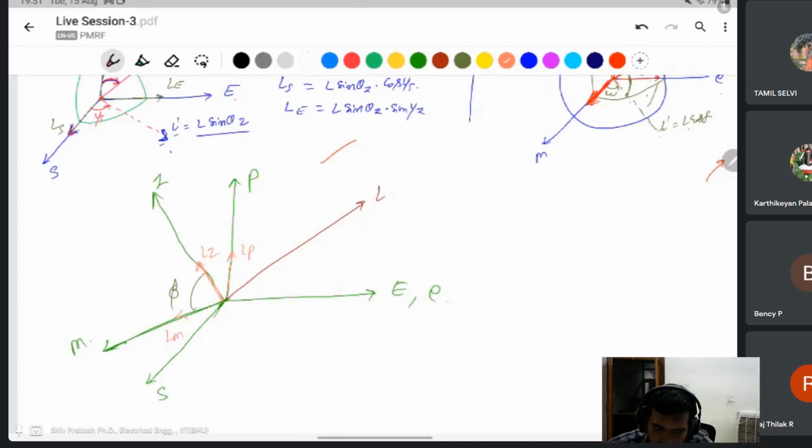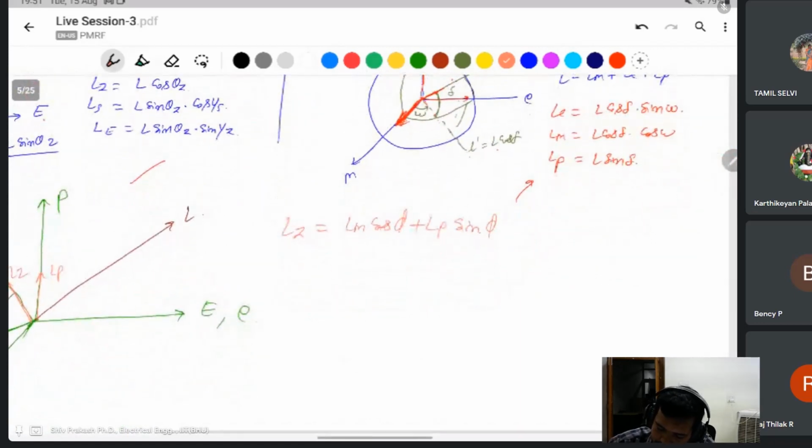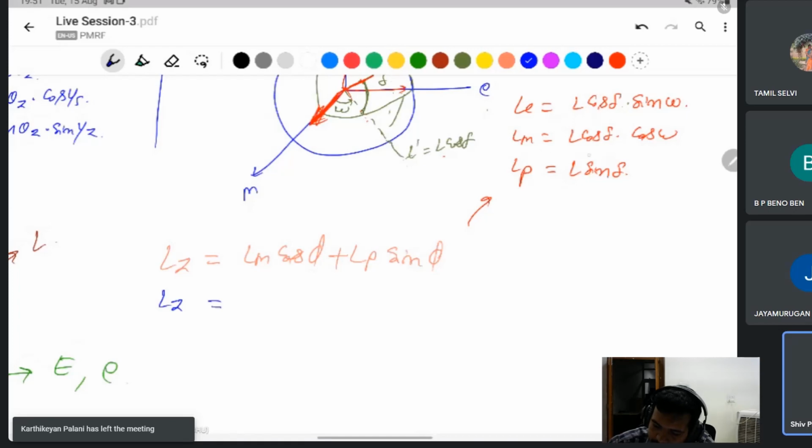The relation between all of these, you can say that L of the zenith axis is LM cos phi plus LP sin phi. LM and LP are defined here, we can put them there, and LZ is equal to LM cos phi. LM is L cos delta into cos omega into cos phi, plus LP.